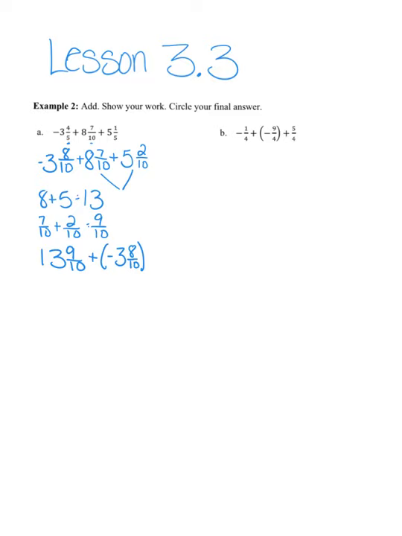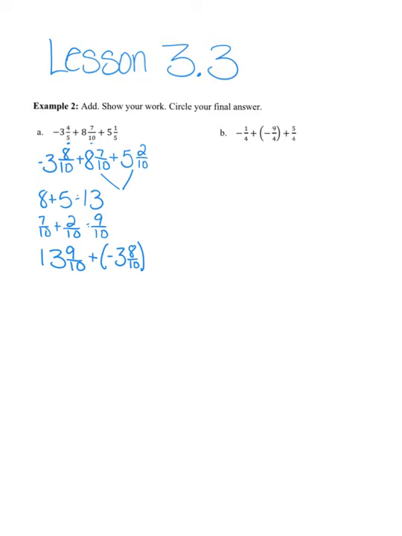If you recall from adding integers with different signs, the rules apply the same here. We're going to look at the number with the greater absolute value here, which would be this 13 and 9/10. So that tells us that our sum here will be positive, and then we are just going to subtract the absolute values. So we're just going to subtract these two.